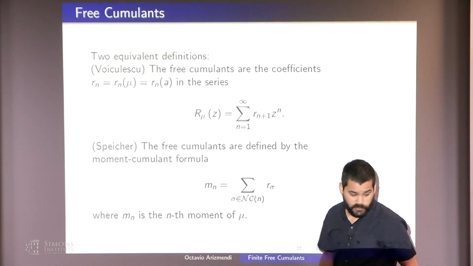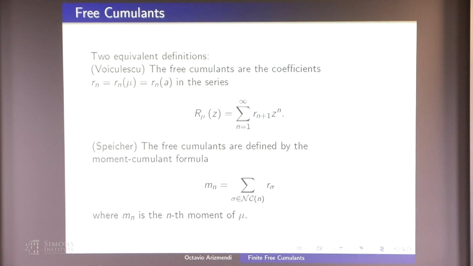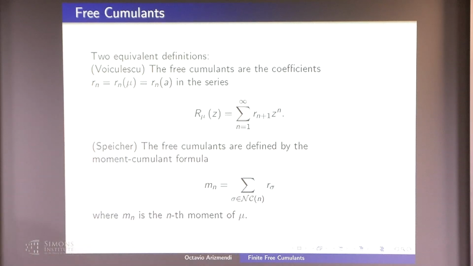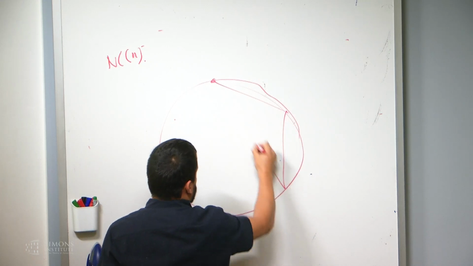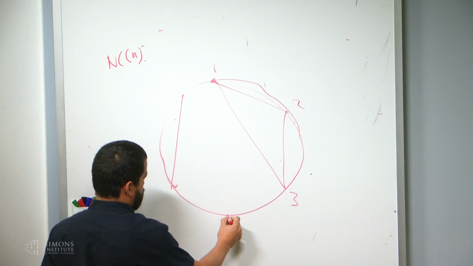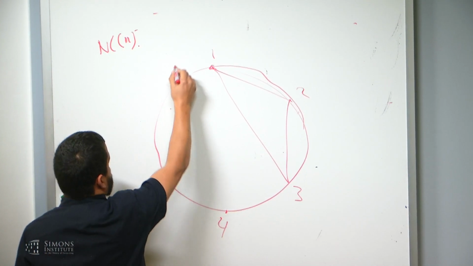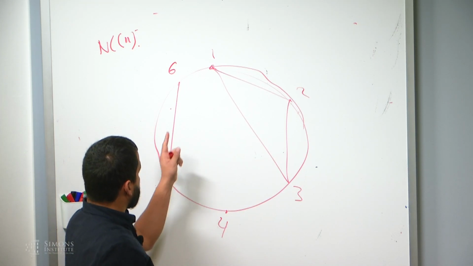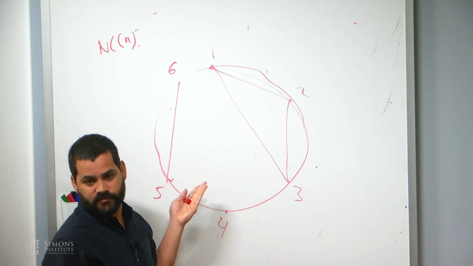Okay, so I should explain a little bit what I mean by these two things. By a non-crossing partition of size n, I mean I divide the set 1 to n into subsets such that if I draw them in the circle, they do not cross.